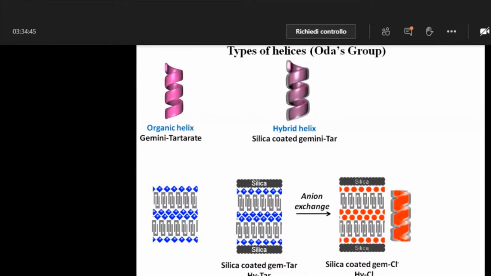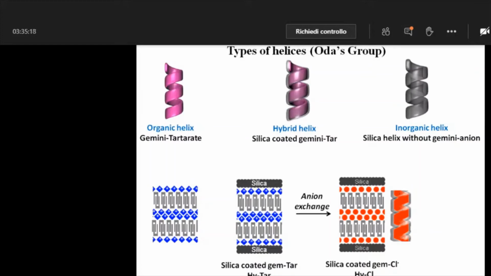Interestingly, the organic helix can also be converted to an inorganic helix by removing the organic template, which is buried within the silica walls. We will see how we use the silica helix having tartrate as the anion, chloride as the anion, and also how the inorganic helix itself is more useful for some important studies and experiments.